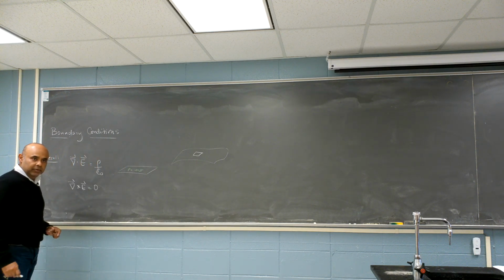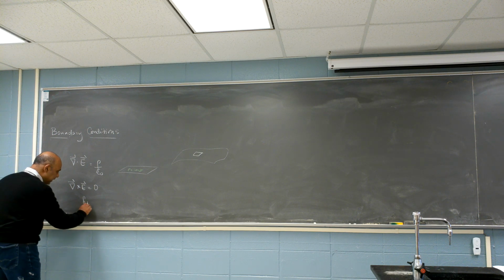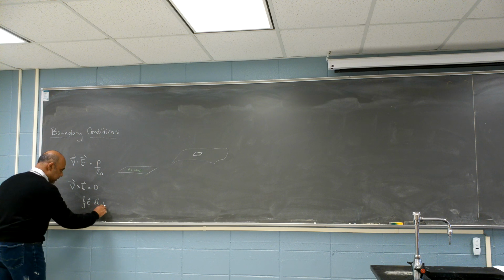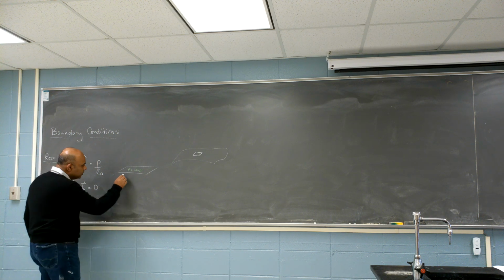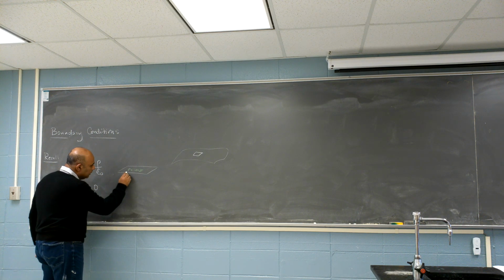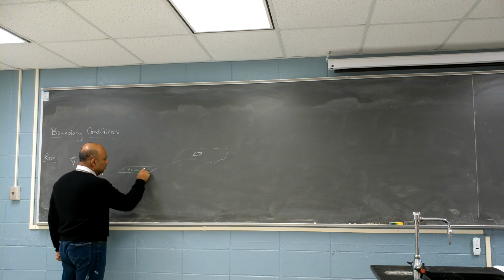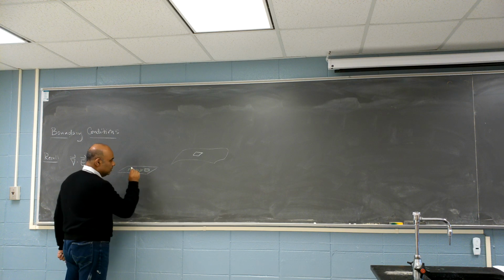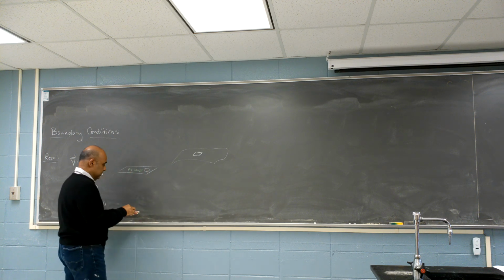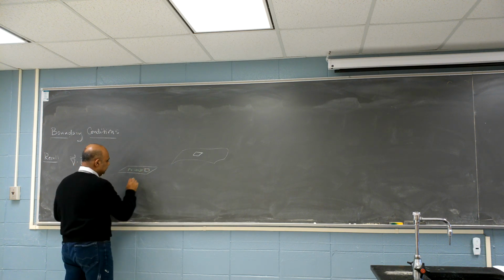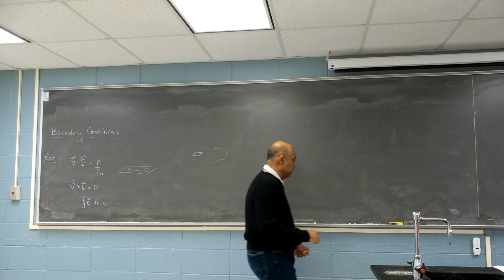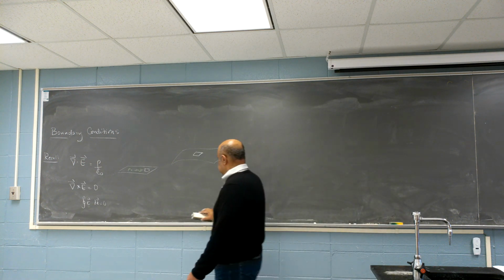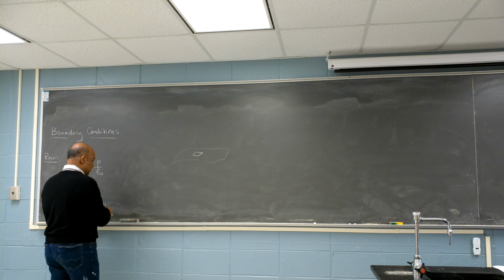curl of E is 0, which means E dot dl is 0. Then we take a small, I can exaggerate my perfect rectangular path.